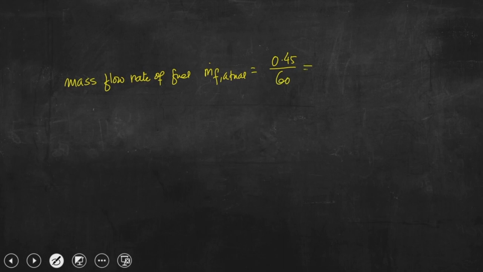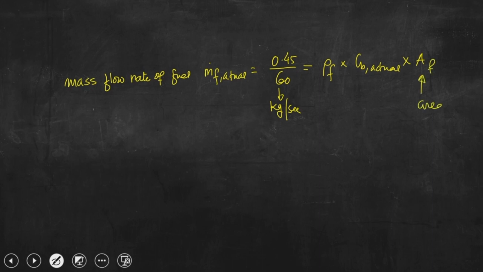So, this is kg per second, that would be equal to rho f into Cv actual into A f.